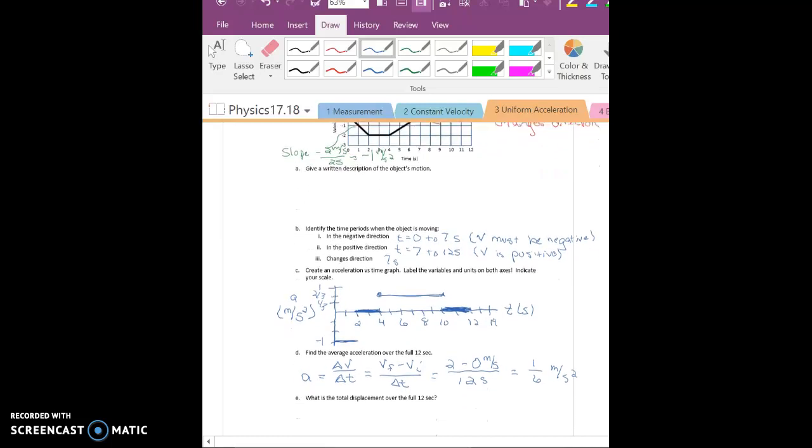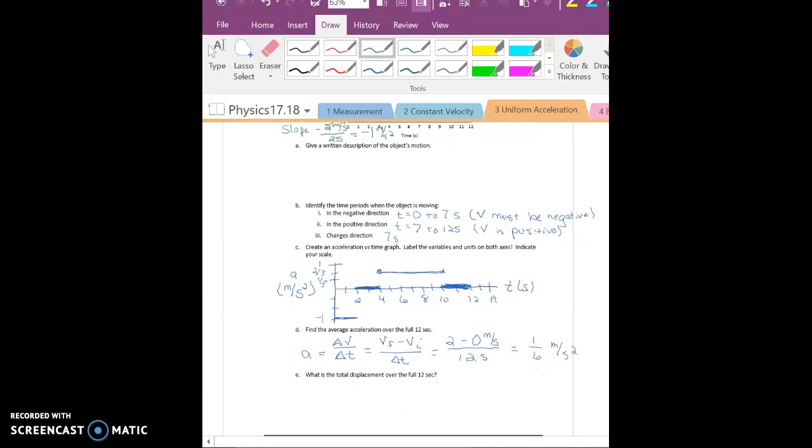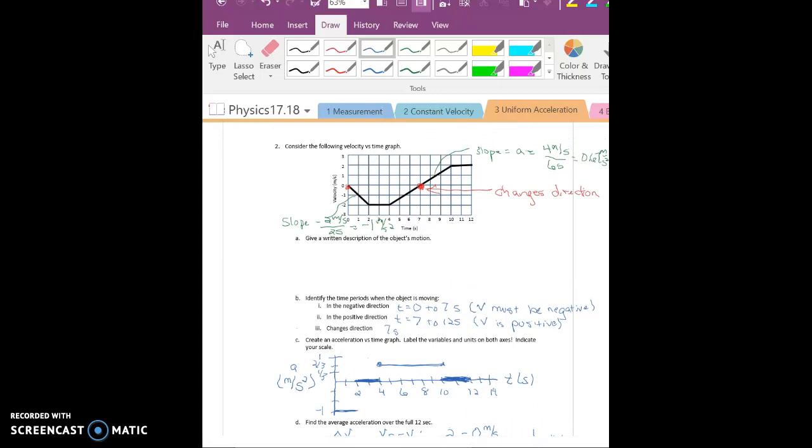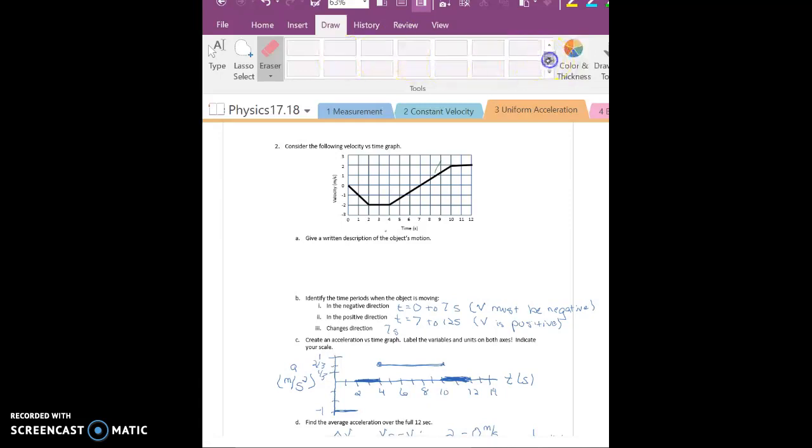In the last question, it says, what is the total displacement over the full 12 seconds? Well, this graph is not telling me anything about the position of the object, but since it's a velocity versus time graph, I can look at the area between this graph and the x-axis, and that should give me the displacement. So let's shade that.